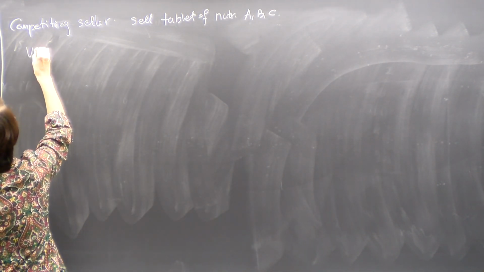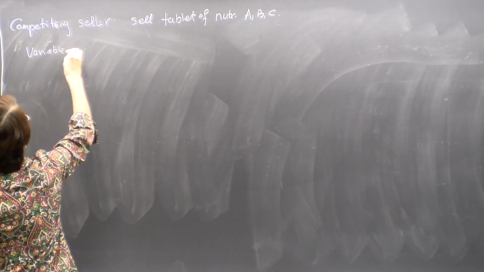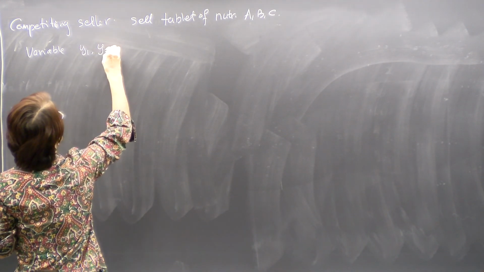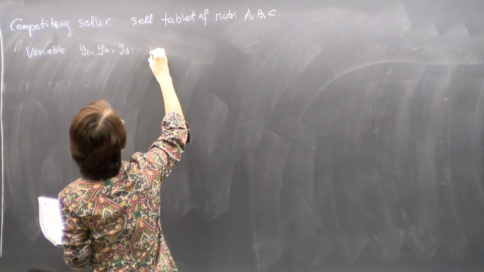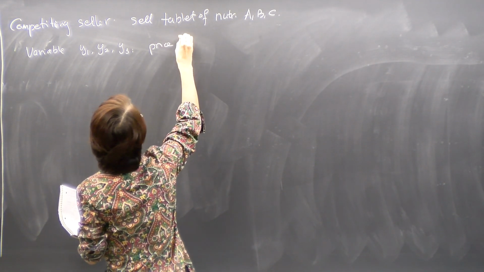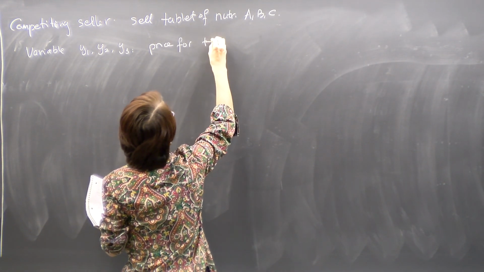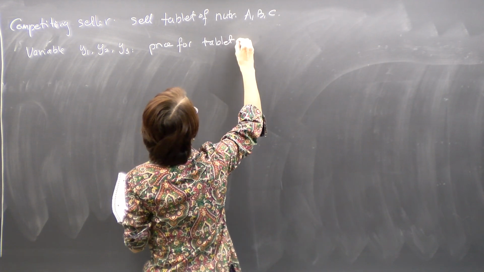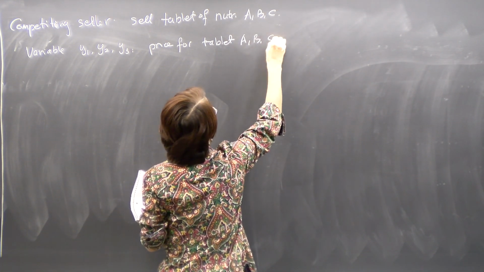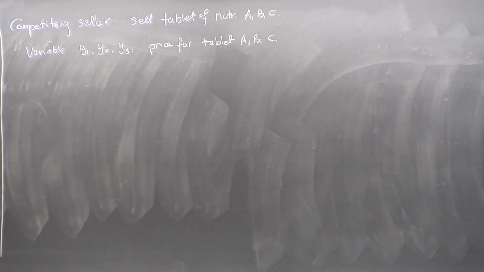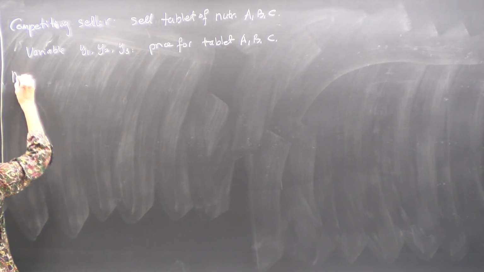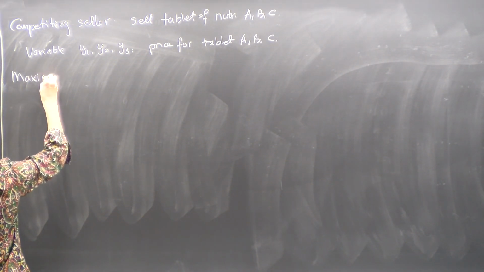So let's label that. His variables now, we call them y1, y2, y3. That will be the price for these tablets A, B, and C, respectively. He wants to maximize his profit while meeting the minimum requirement. So what will be his profit function? Maximize.